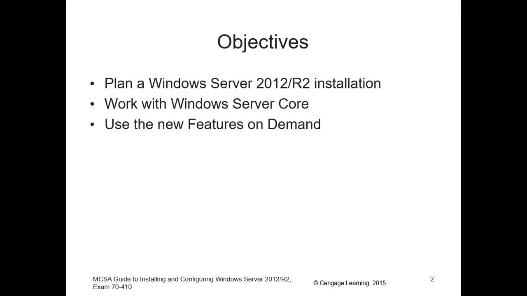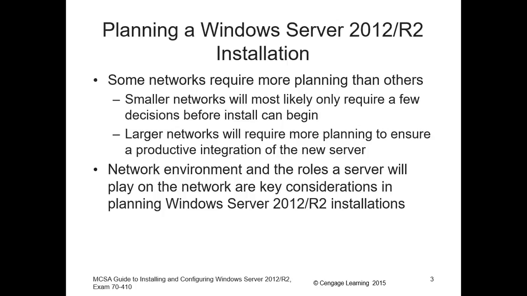Why this is a mini chapter is because I have other videos for the different activities that we do, so you'll be watching some other videos that explain some of these things more in depth. This chapter introduces you to the server installation process, both for the GUI and the server core installs.